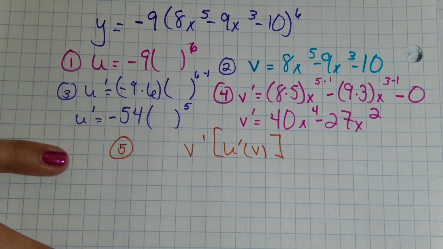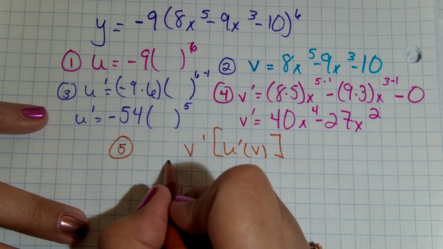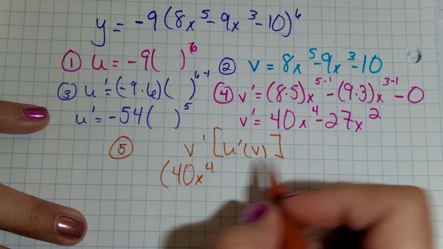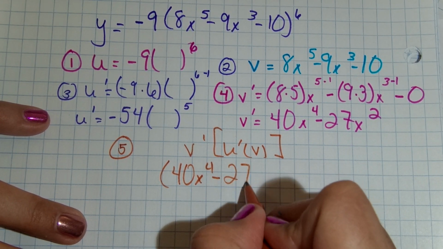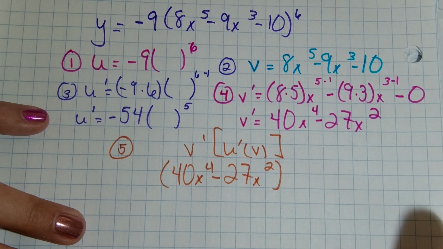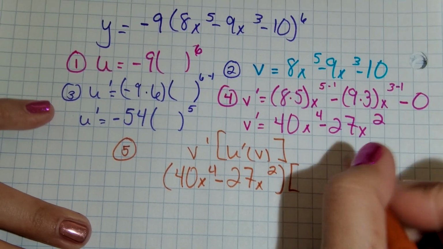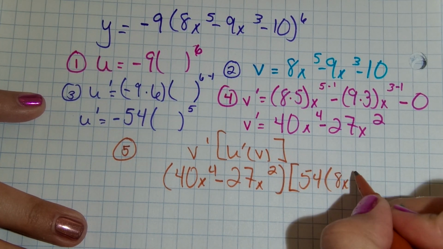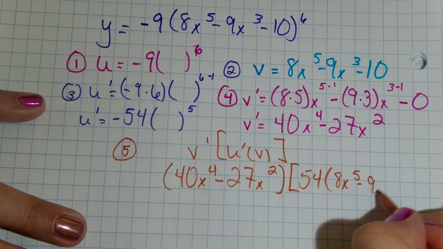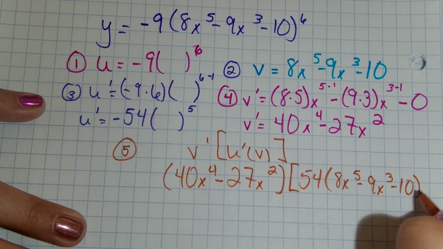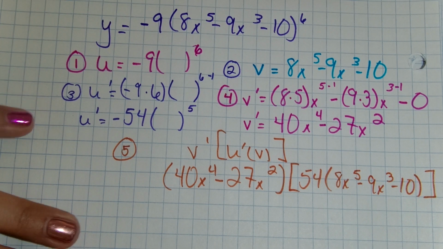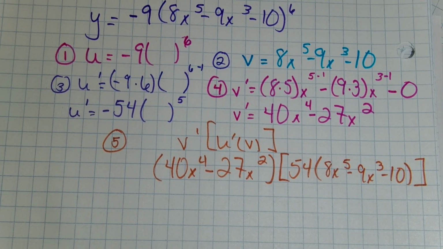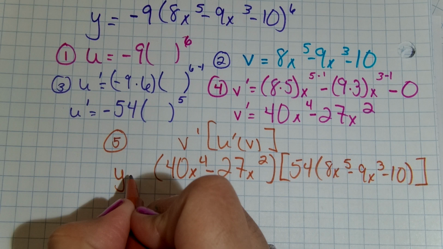And then in parentheses, 40x to the power of 4, minus 27x to the power of 2, parentheses bracket, 54, parentheses 8x to the 5th minus 9x cubed minus 10, parentheses bracket. Okay, this would get you a 1.5. Still 1.5.